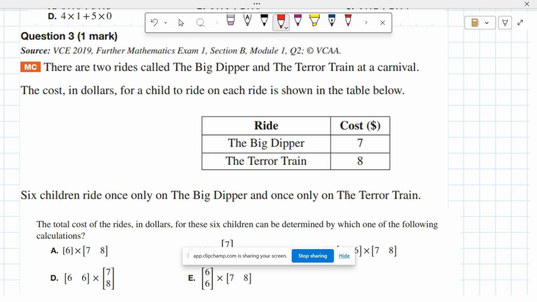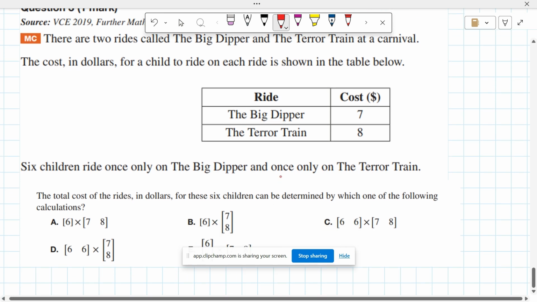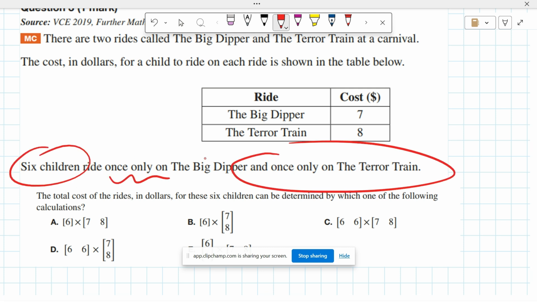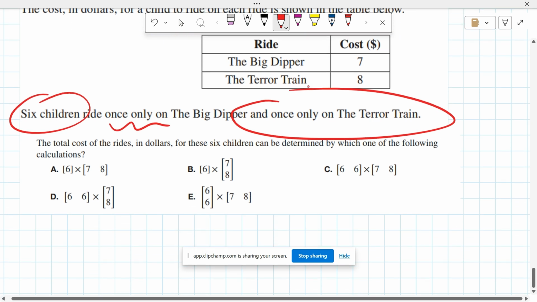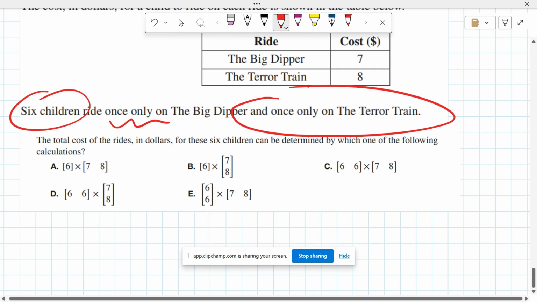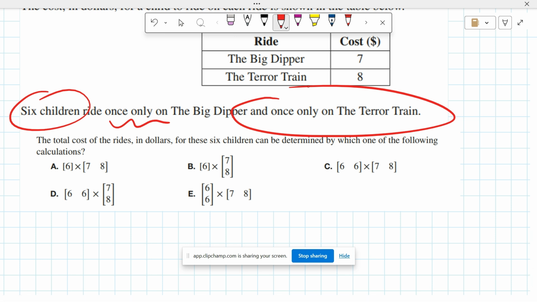The total cost of rides is what we're going to calculate: 2 rides of each, and then 6 children ride once only, and another 6 do the same, so in total we have 12 children. So what we do is a 1 by 2 matrix multiplied by a 2 by 1 matrix, and the total price will be a 1 by 1.